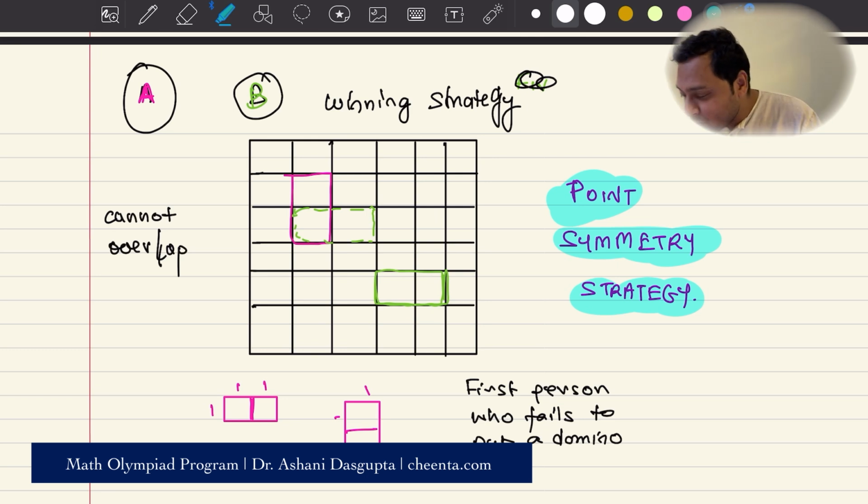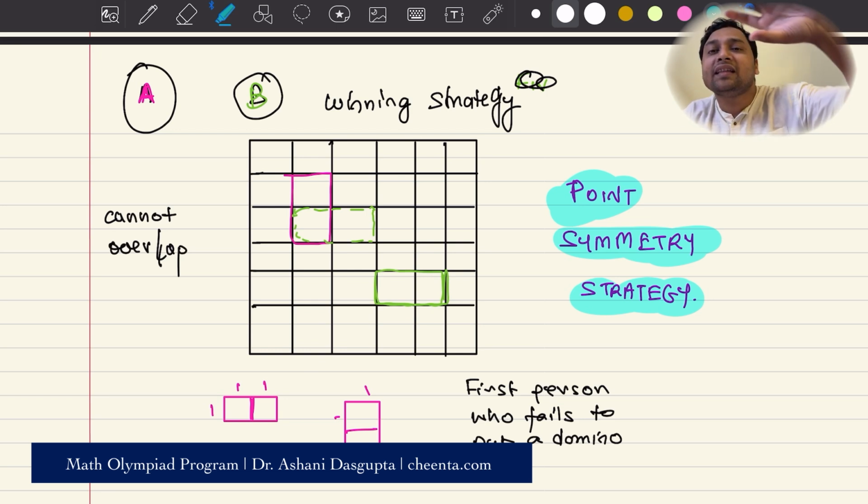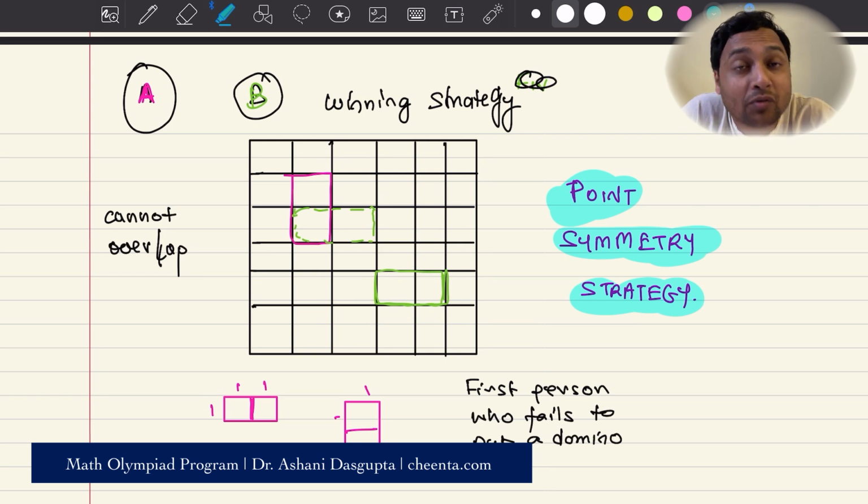The point symmetry strategy is to find a point about which this board is symmetric. That means you can reflect pieces of that board about that point and you would get the board back itself. I'll give you an example.